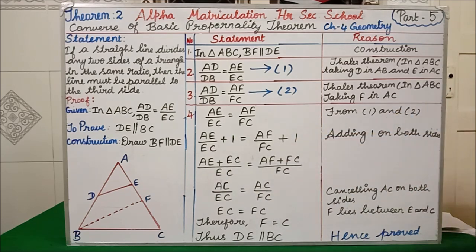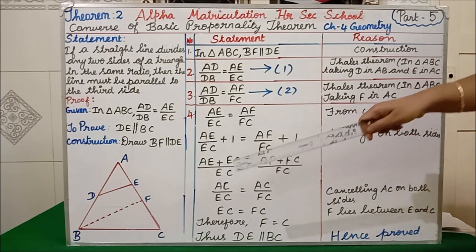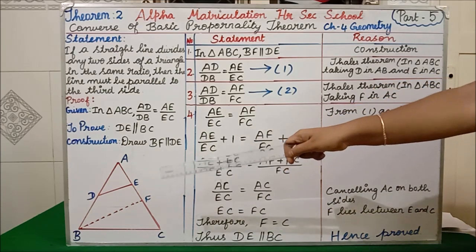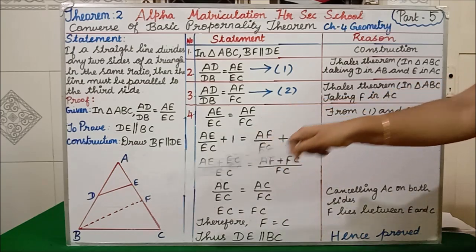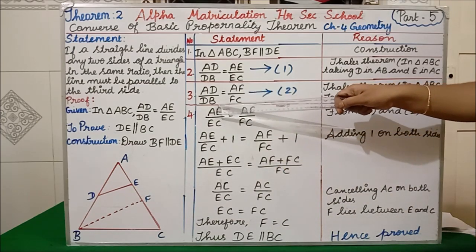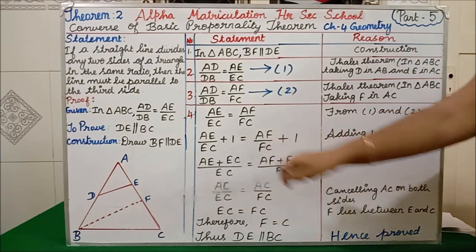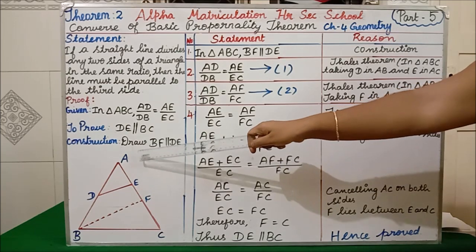Clear, students? Now we come to the next statement, number 3. On the AB side we have only one point, D, so you write that side as such: AD divided by DB is equal to, now you forget about this E. Now consider this F. So how will you write now?